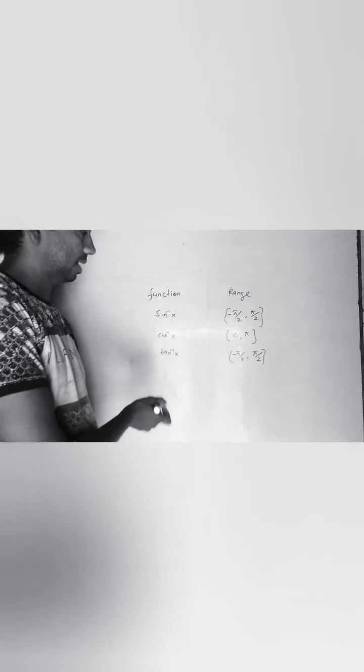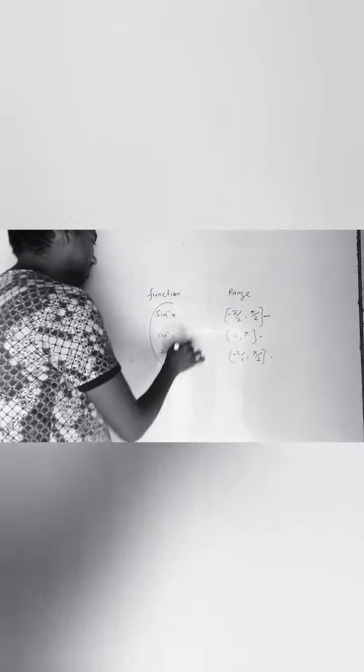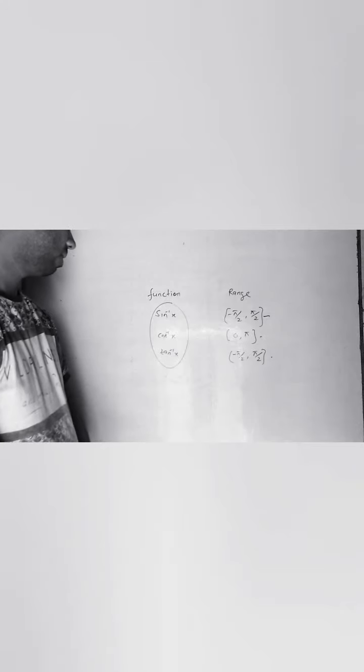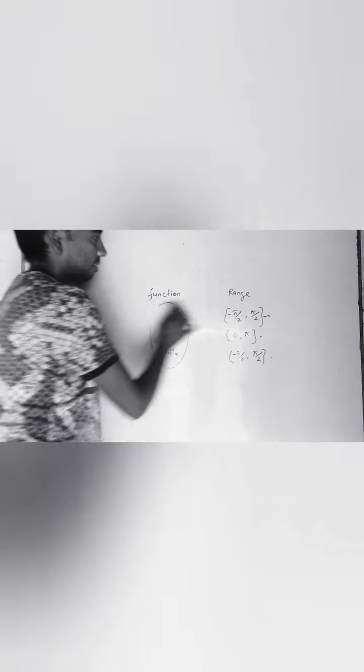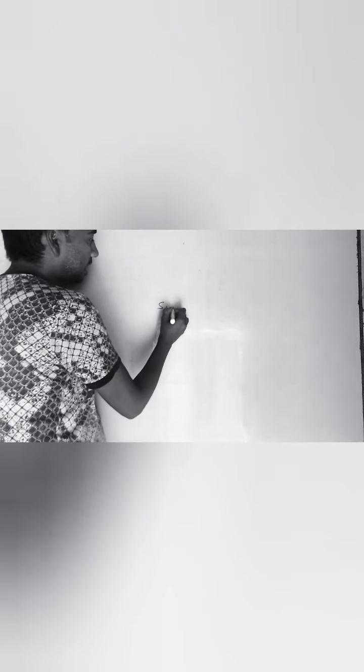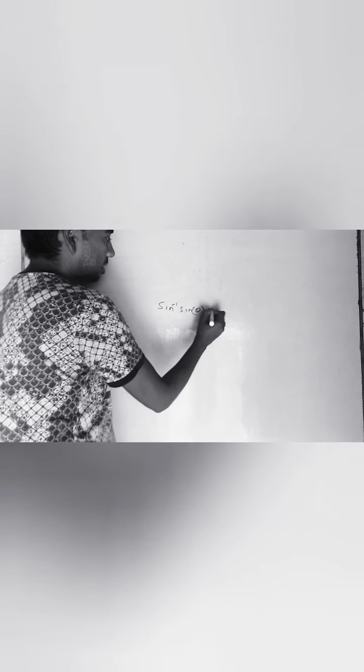And next, cot inverse x, cosec inverse x and sec inverse x. In this interval these functions are invertible. So the formulas: sin inverse sin theta is equal to theta when theta belongs to minus pi by 2 to plus pi by 2.